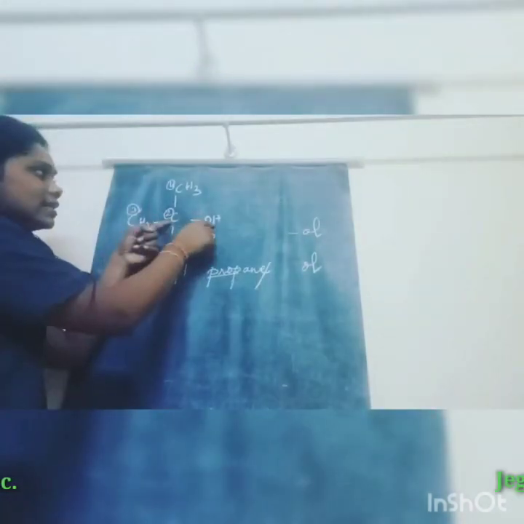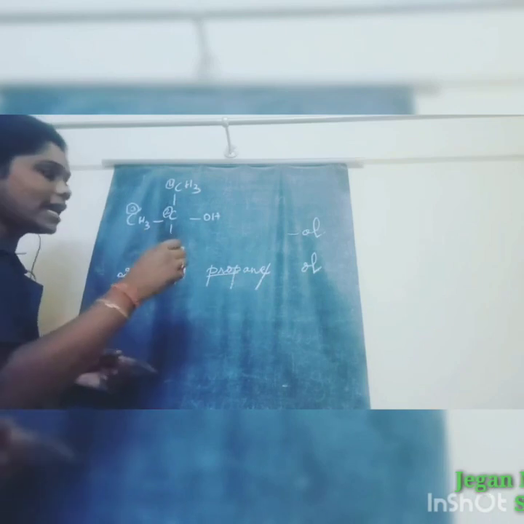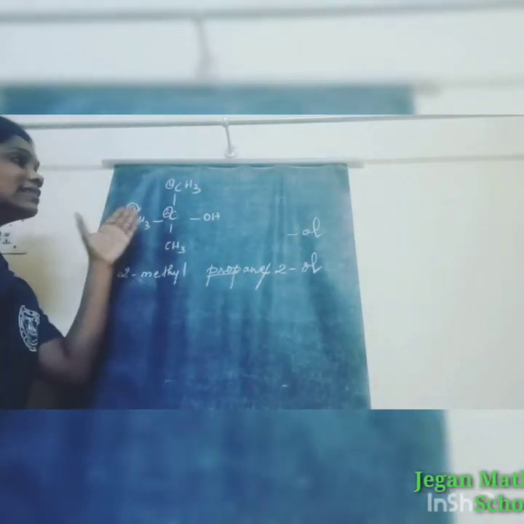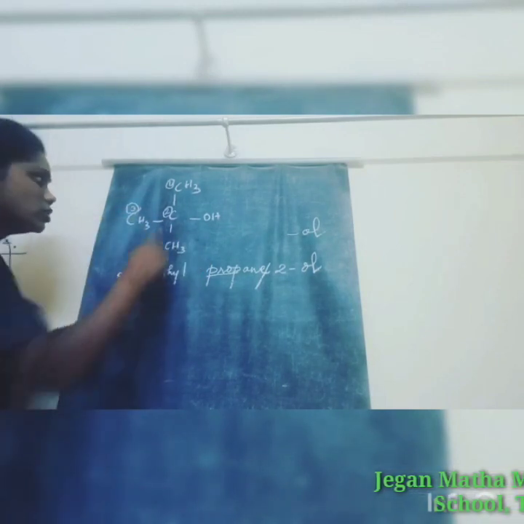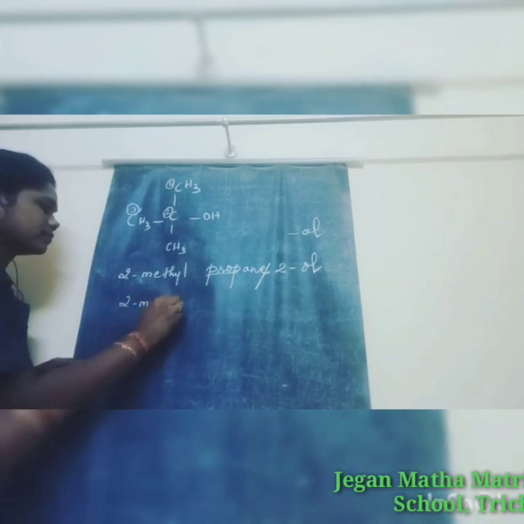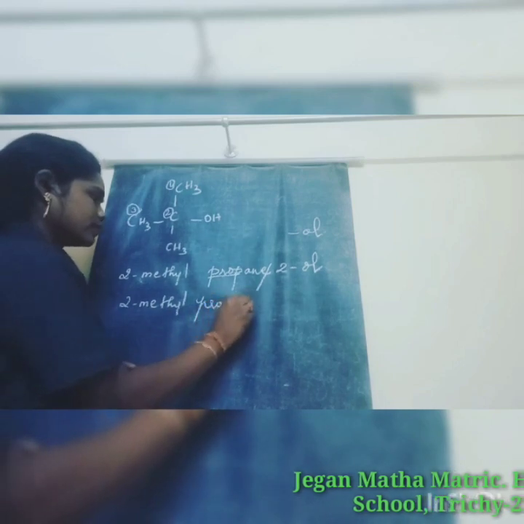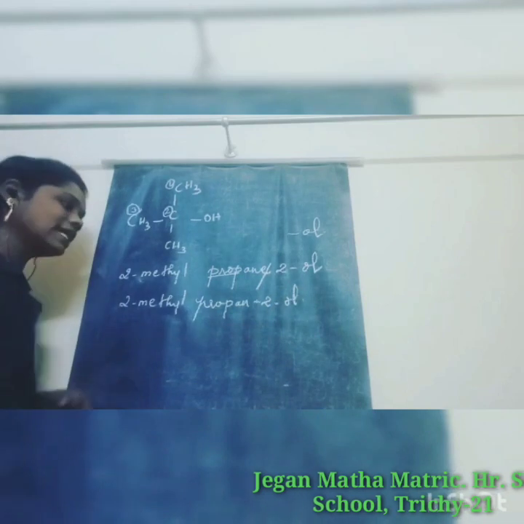Here OH is attached to the second carbon, so 2-ol. So for tertiary butyl alcohol, the IUPAC name is 2-methylpropan-2-ol, or 2-methyl-2-propanol.